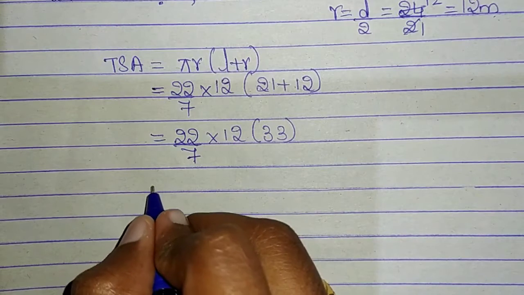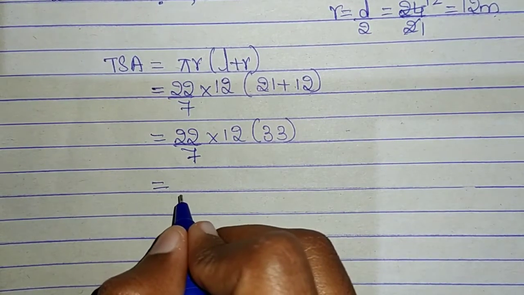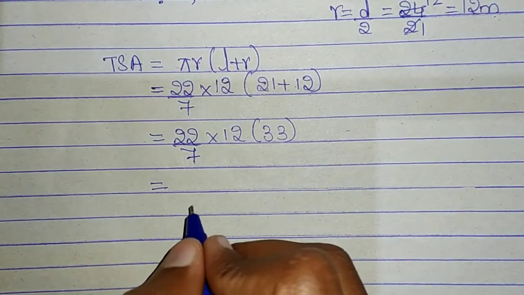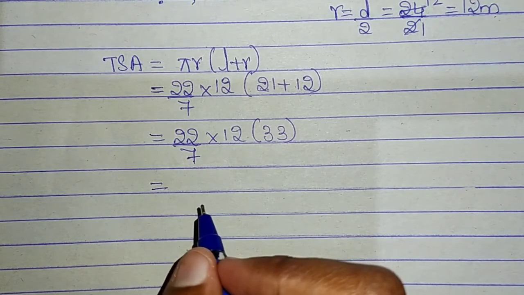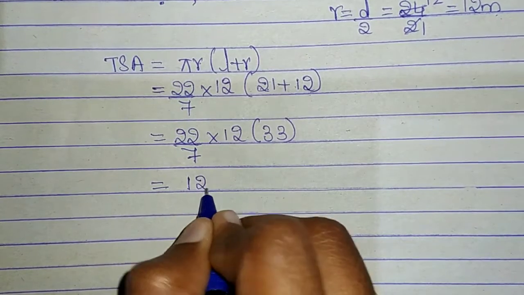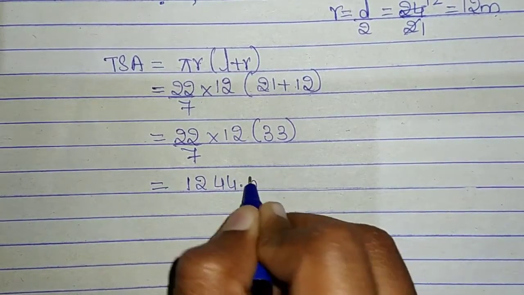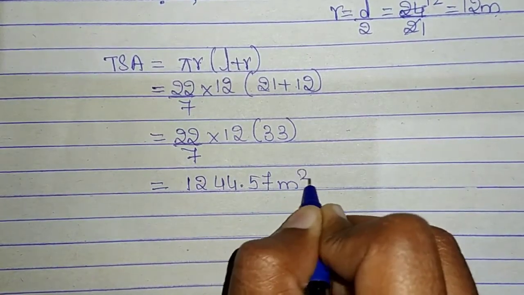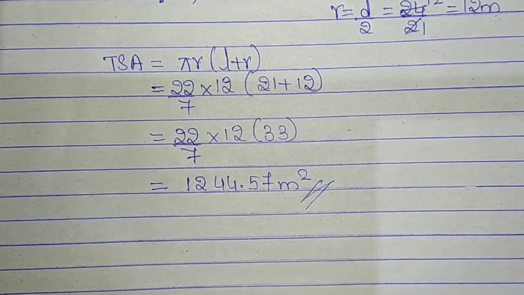So what we get here is the total surface area, on simplification, is equal to 1244.57 meters square. This is the solution to the question.